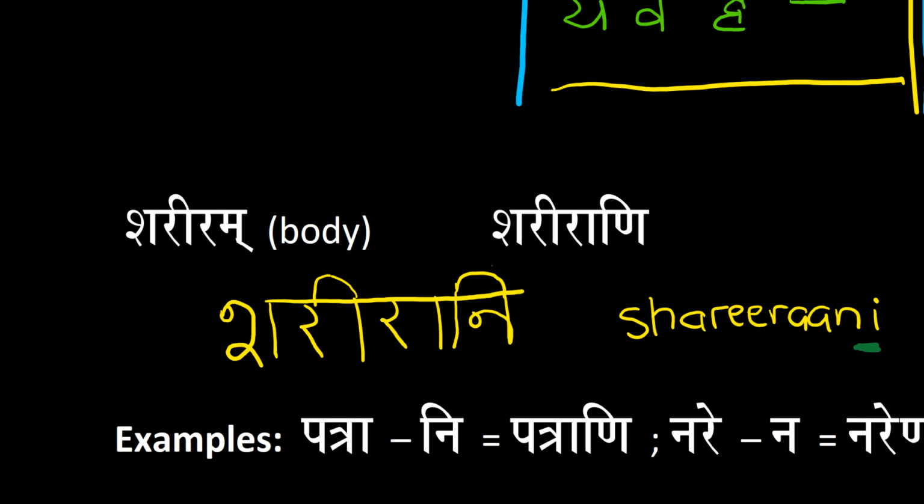But in Devanagari, although the I is pronounced after the na in sharirani, the I is written before the na. So that's why I have it like that, because it might be easier for you to take a look at the English. But either way, as long as you get it correct, whatever method you choose is absolutely fine with me.